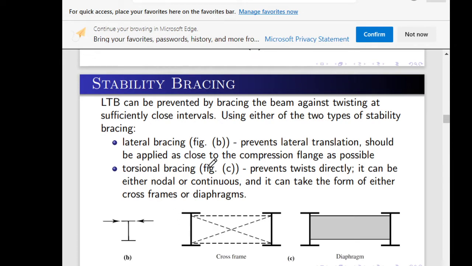Then, we have also torsional bracing in figure C. This one and this one. Figure C prevents twist directly. It can be either nodal or continuous, and it can take the form of either cross frames or diaphragms. So there is this bracing to prevent the torsional buckling.